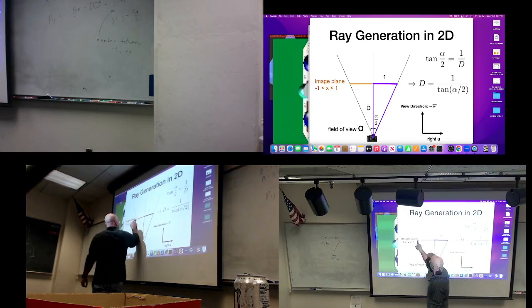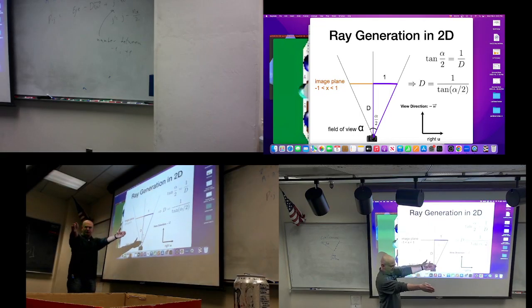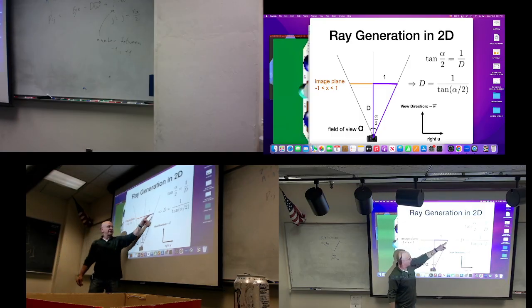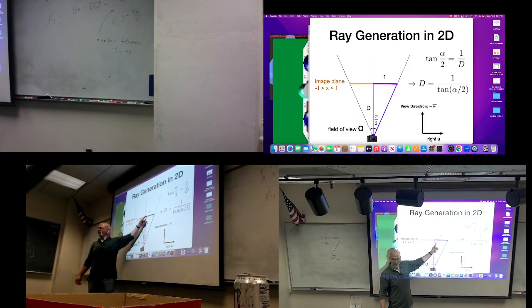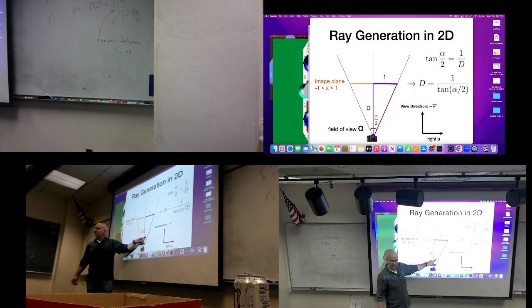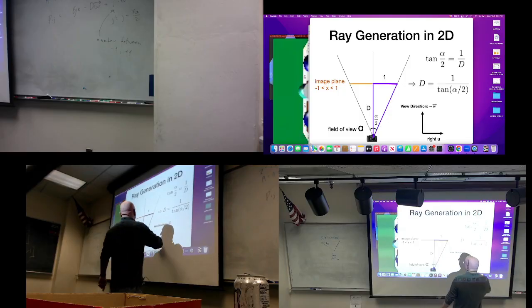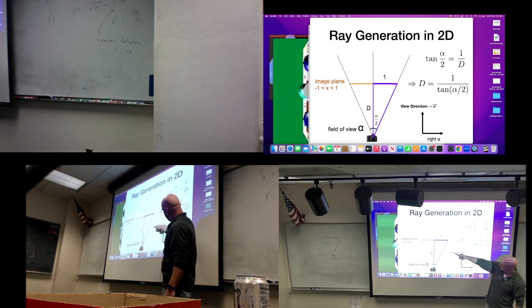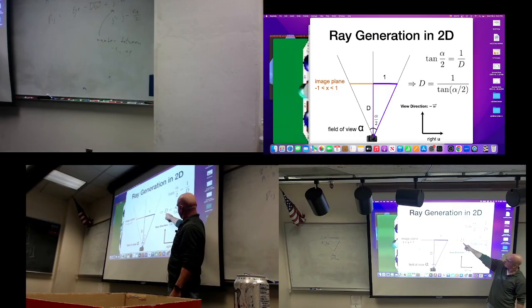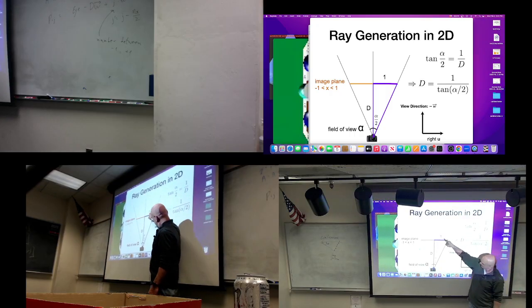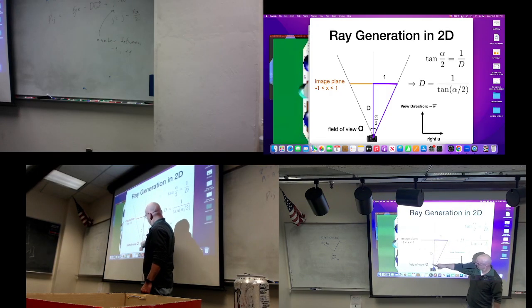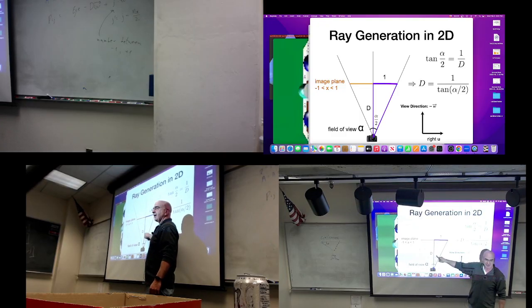So if the length of the image plane is 2, that is going from -1 to 1, then it's very easy to compute how far away from the eye it should be. Alpha is a field of view angle. That's what you get in the JSON file. And what is D? Well, let's look at alpha half. 1 divided by D is tangent alpha half.